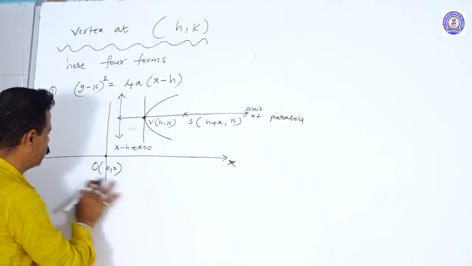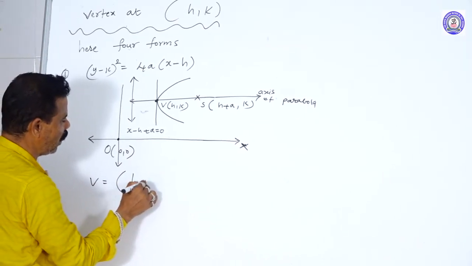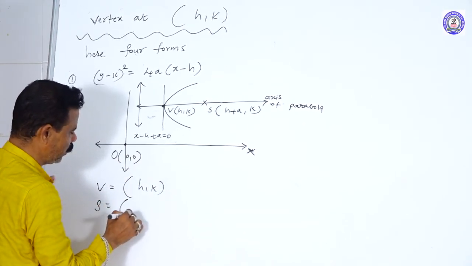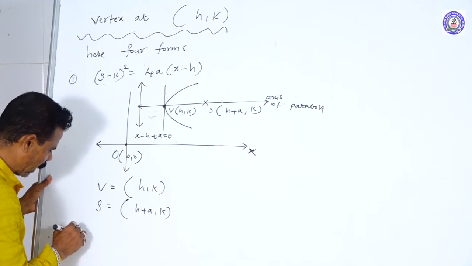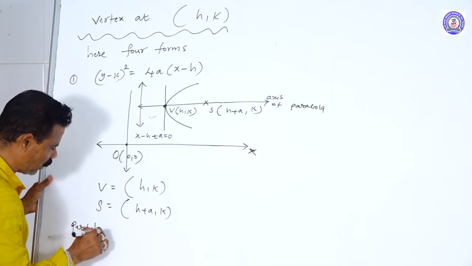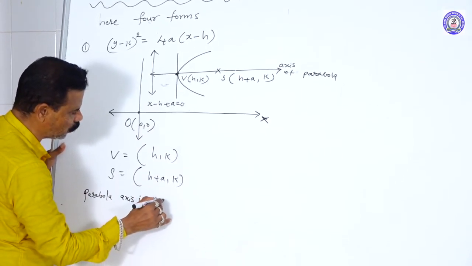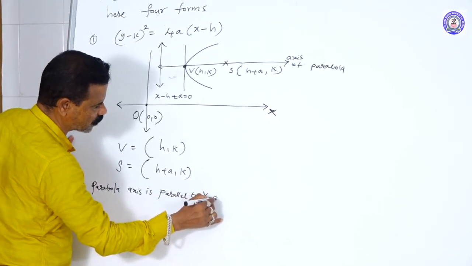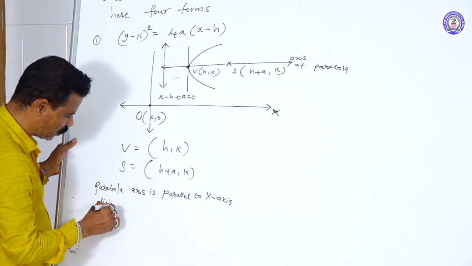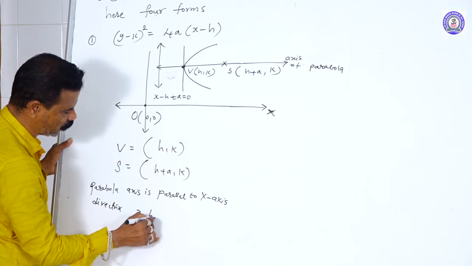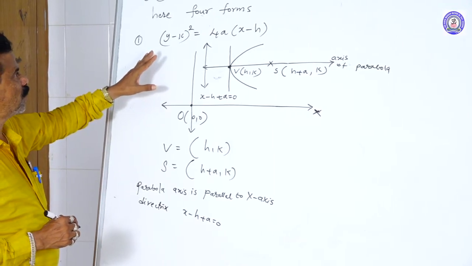So now we write: vertex is h comma k, focus is h plus a comma k, the parabola axis is parallel to x axis, and directrix x minus h plus a is equal to 0. These are the changes when we change the vertex to h comma k.